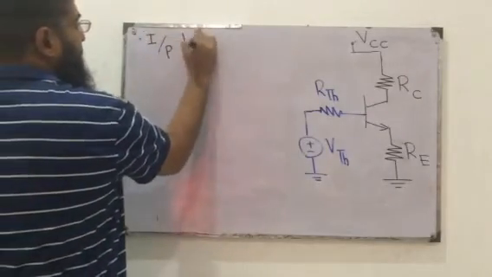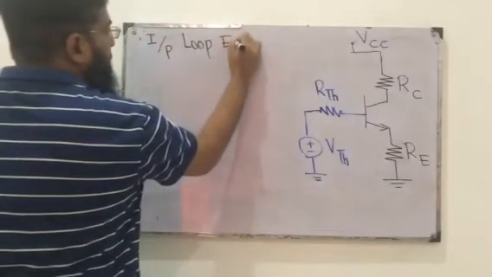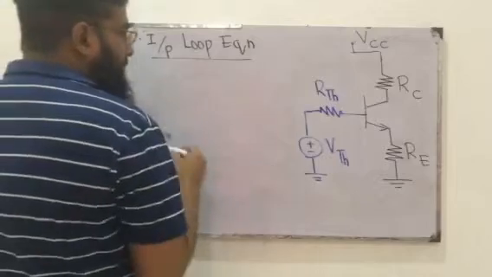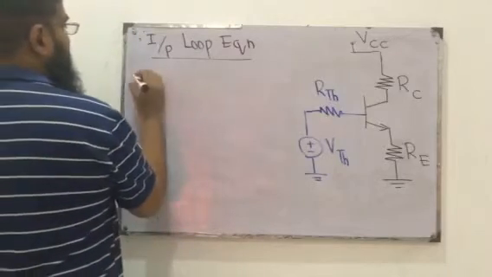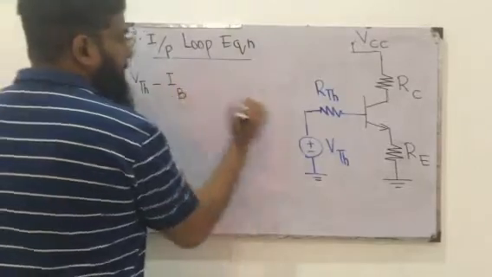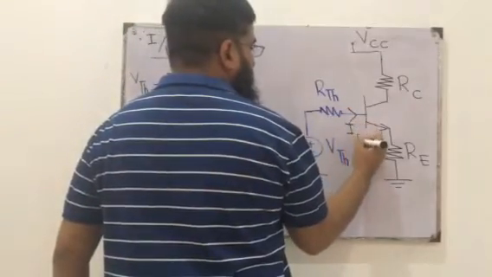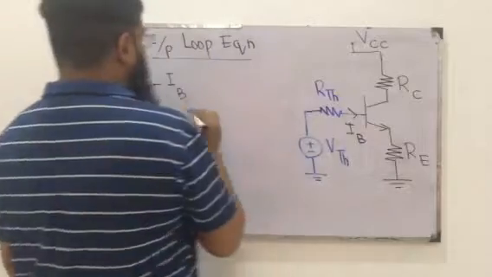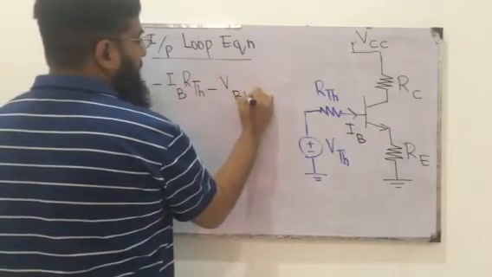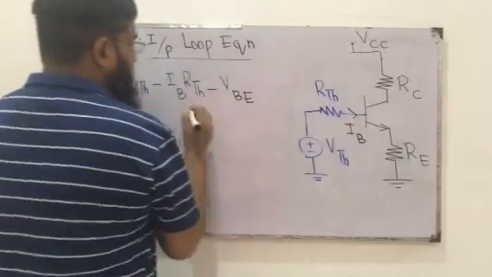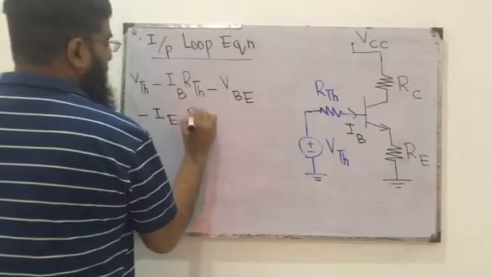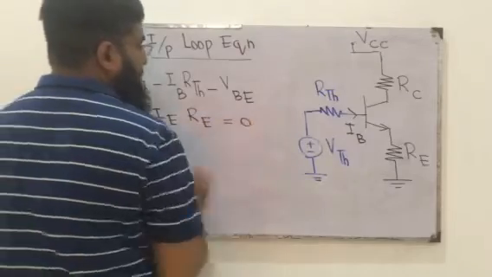The input loop equation can be written, taking the voltage rise as positive, as VThevenin minus IB RThevenin minus VBE, the base emitter voltage drop, minus IE RE equals 0.